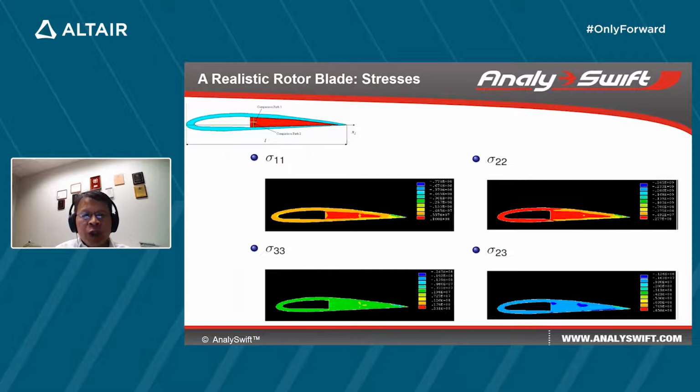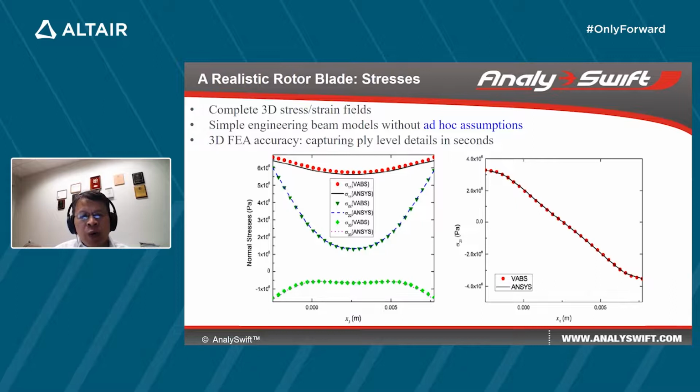To have a more quantitative assessment of the prediction of VABS, we also take a load path and an upstream load path to compare our prediction with the 3D finite element analysis code. We found that VABS can reproduce all the stress components of the 3D finite element analysis. What's interesting is that VABS not only provides the longitudinal stress, which a lot of beam codes will do, but also the transverse normal stress and transverse shear stress.